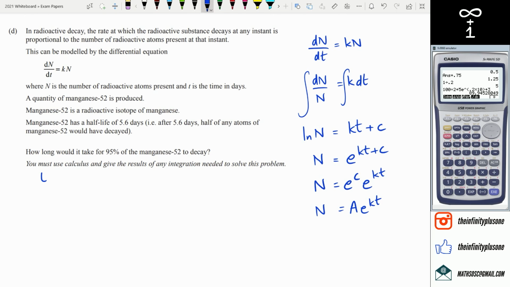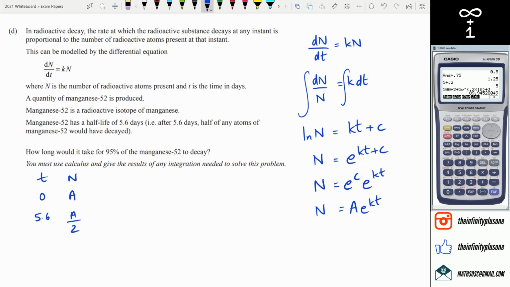Let's put N as the number of radioactive atoms. Whatever A is, when t is equal to 0, the number of atoms we have is A. But when t is equal to 5.6, the number of atoms we have is A over 2. We don't know how many atoms we started out with in the original question.